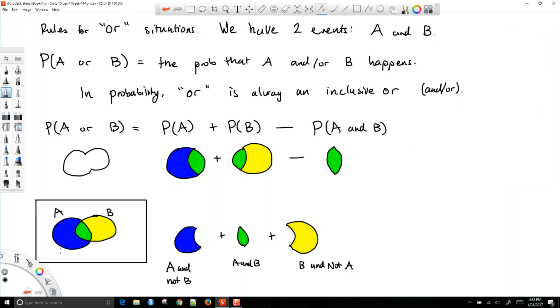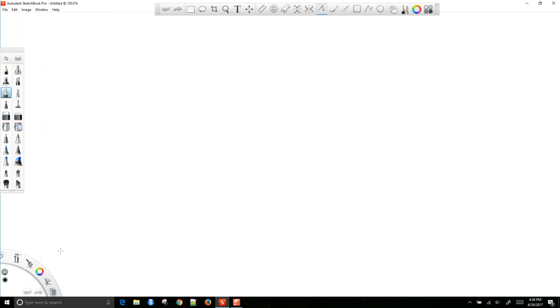All right, so let's try this out with an example. We'll split the world into those who wear glasses and those who don't. I'm making up a number: we'll say 30% of people wear glasses.